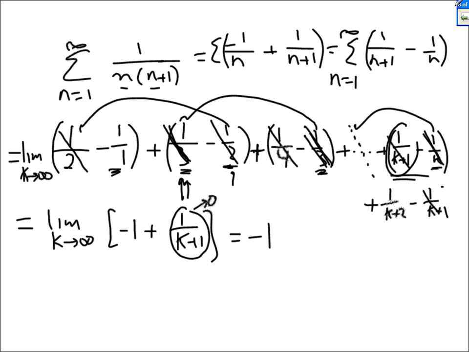This is called a telescoping series because every other term canceled out something from the earlier one. It's negative 1. That 1 over k plus 1 term keeps surviving as you go further and further out, but it doesn't matter because it's approaching 0.